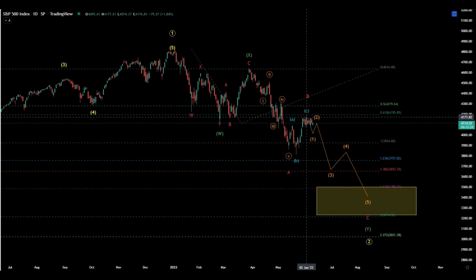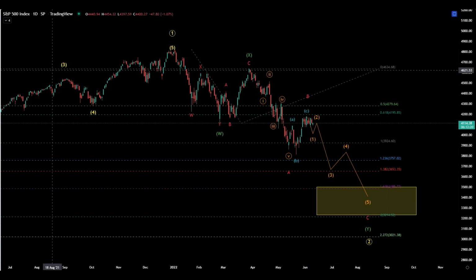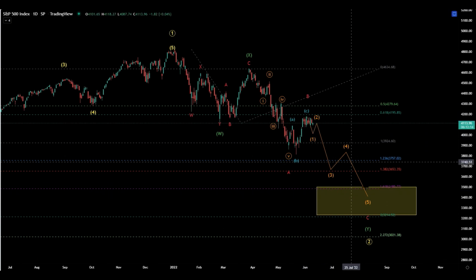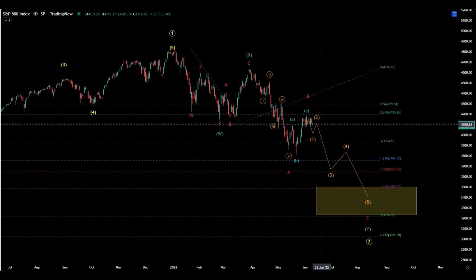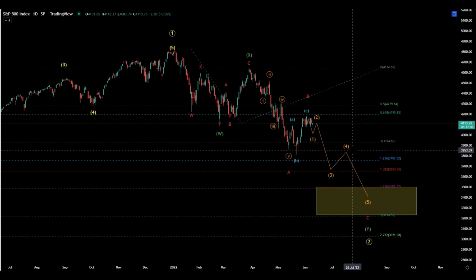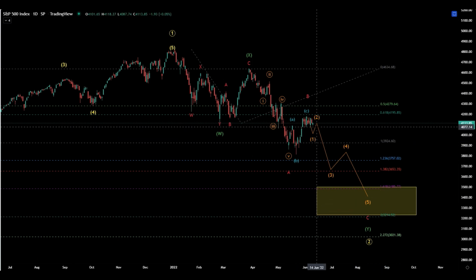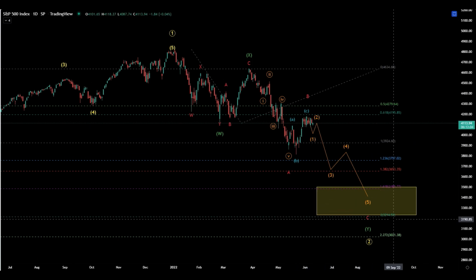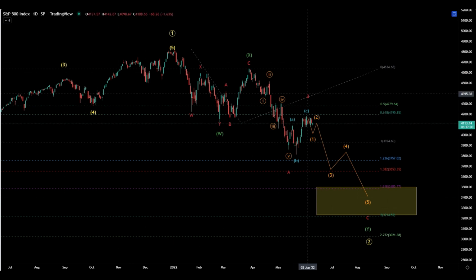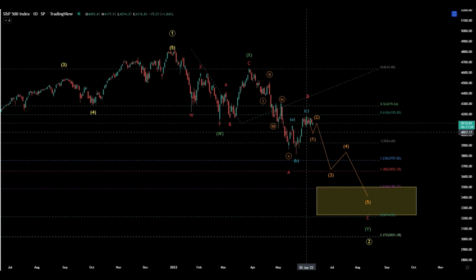Whether this has already started as a 1, 2, and then it's going to come down, or we're just putting in the 1 still, I don't know the answer to that question. This wave structure here is just for illustrative purposes, and what the expectation is, what it's probably going to look like in the end whenever all is said and done. 5, 3, expanded flat, B wave, C wave, zigzag.